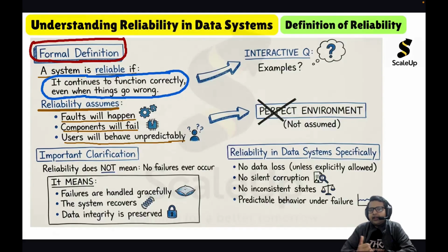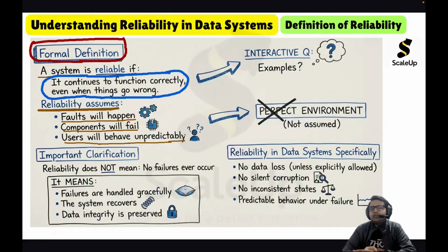As system designers, we have seen in the previous lectures that faults are inevitable. Faults will happen, components will fail, and users will behave unpredictably. Our goal is to handle those scenarios so that the system functions correctly despite faults, despite components failing, and despite users behaving unpredictably.